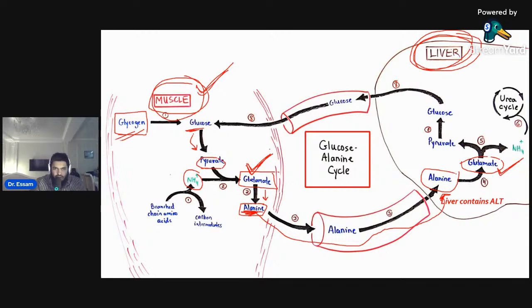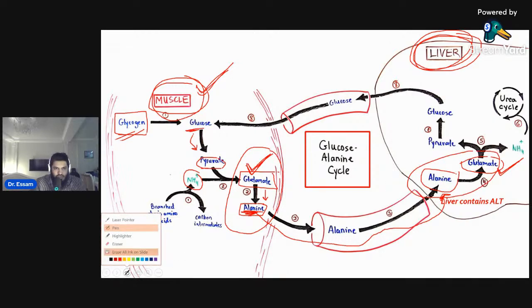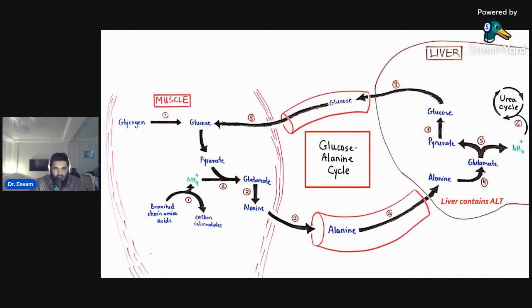So, here glutamate was converting to alanine, but over here the opposite reaction is happening. Okay, so let me remove the markings once again. You can see just the opposite reactions of muscle are going to happen in the liver. Opposite reactions. So in the muscle, glutamate converted to alanine. Here alanine will convert to glutamate.